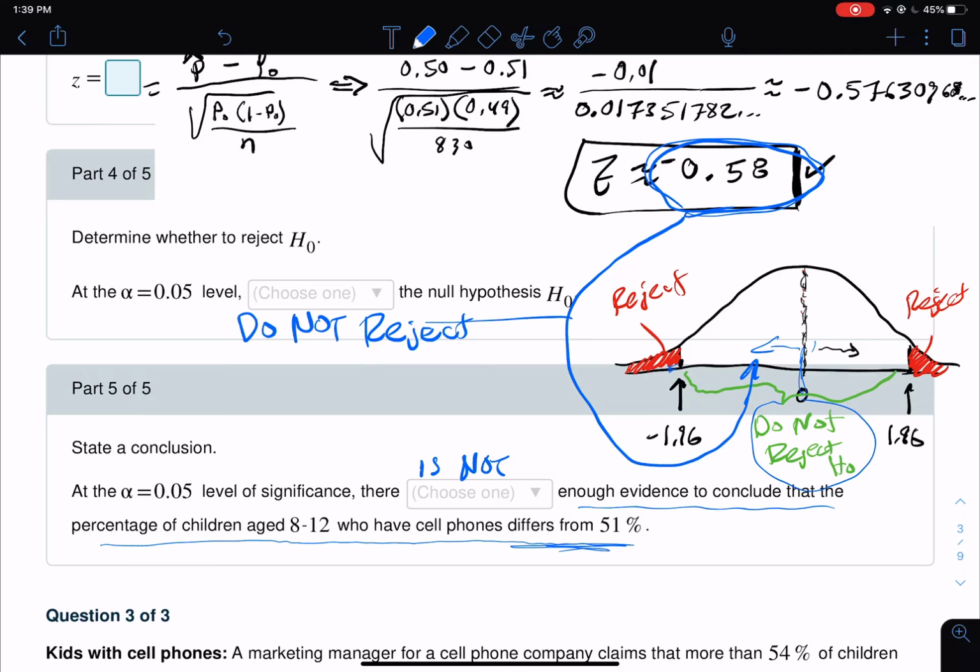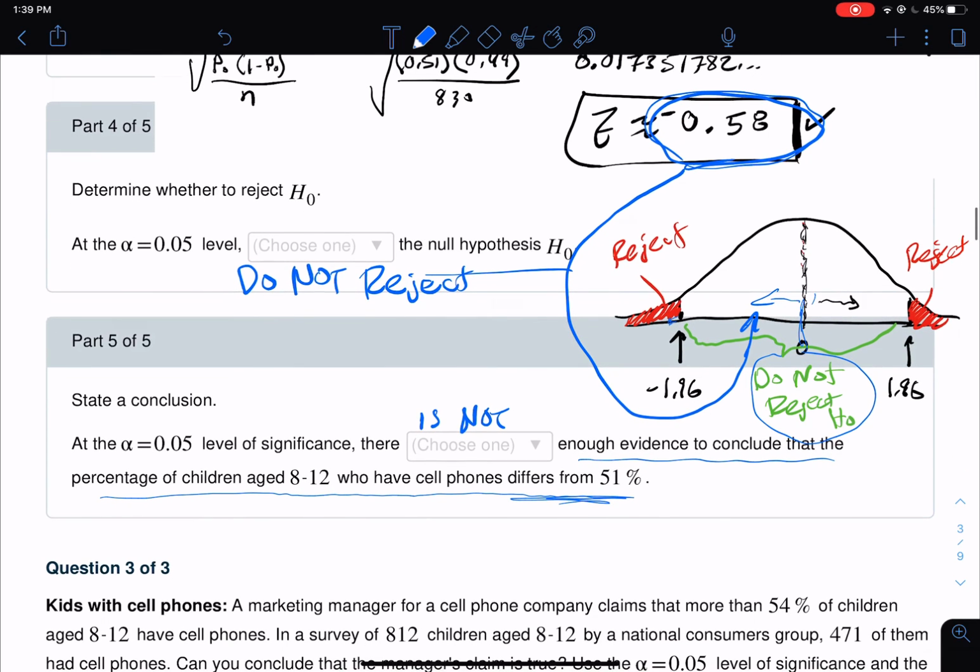Remember, it's a good idea to restate the null here. The null said that the population proportion is equal to 51%, and the alternate hypothesis said that the population proportion differs, so it doesn't equal 0.51.